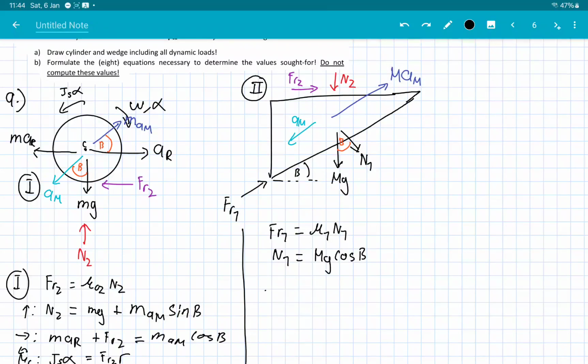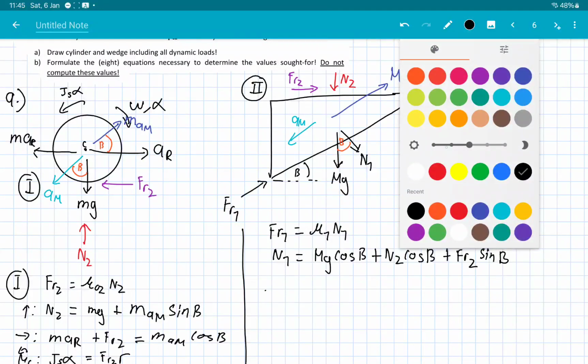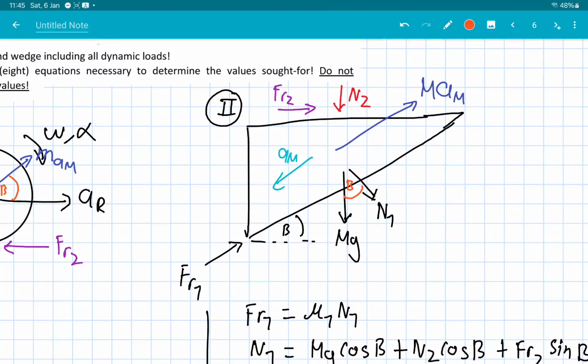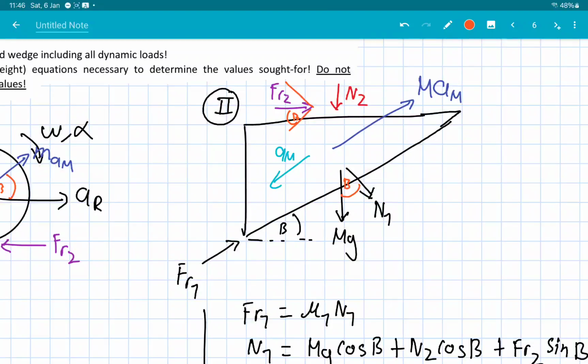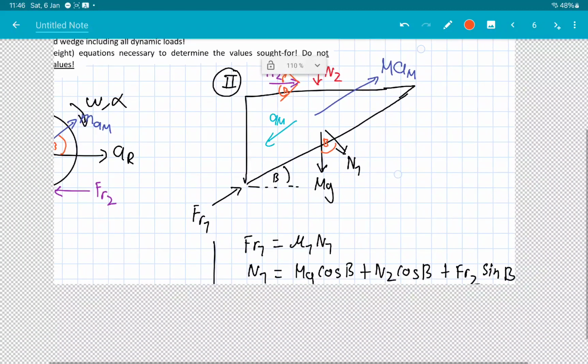N1 is equal to mg cos beta plus N2 cos beta plus FR2, and we're going to tip this angle, so it's going to become sine beta, because if I draw a line here like this, we know that here is beta, so to move this in this direction is going to be sine.